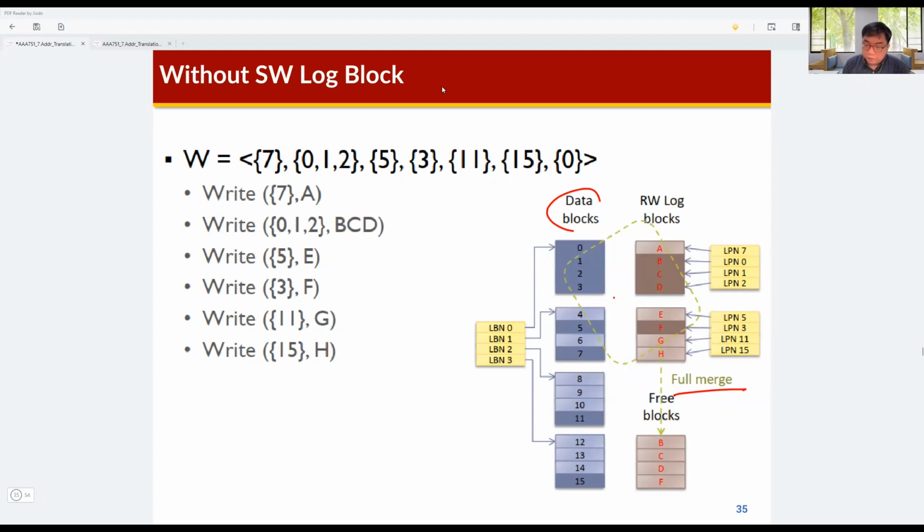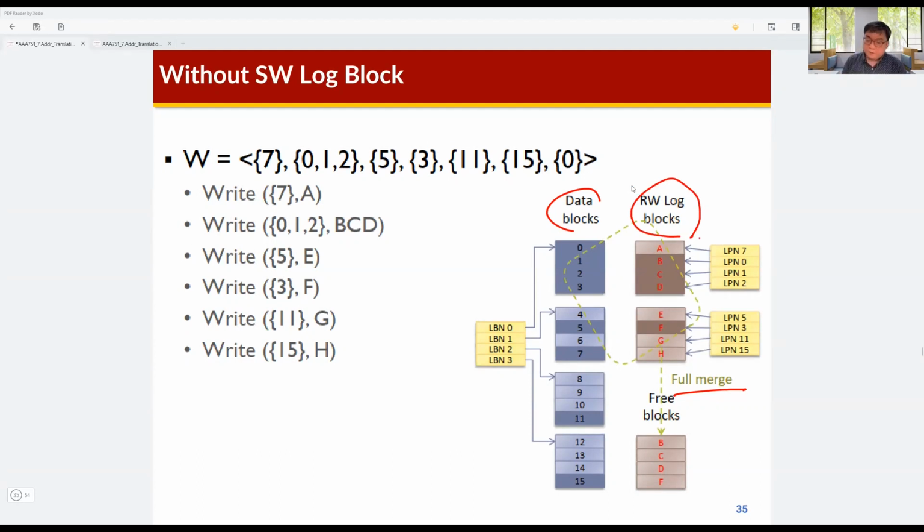In this example, page numbers 0, 1, 2, 3, and 5, 7, and 11, 15 are newly updated. So the pages for these logical page numbers exist in random write log blocks.